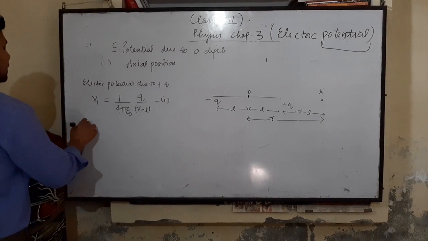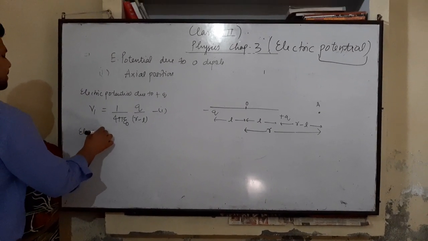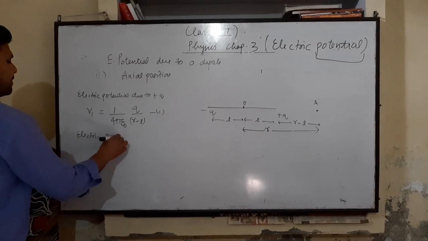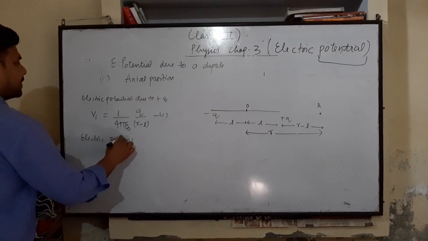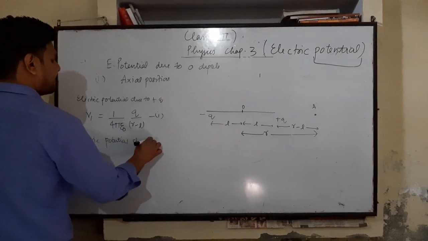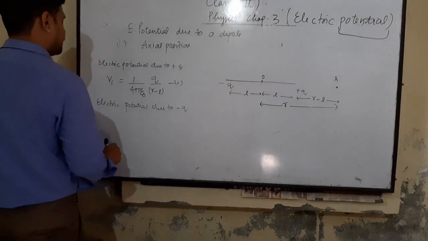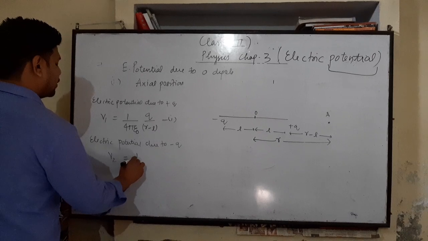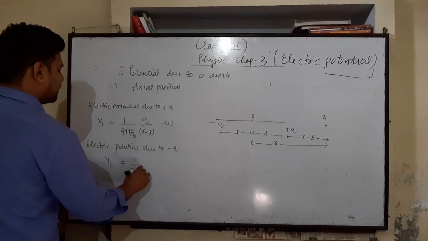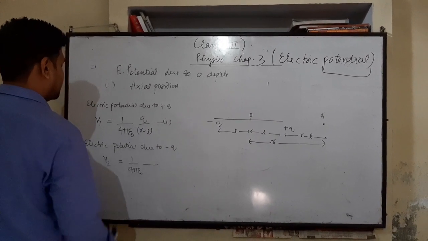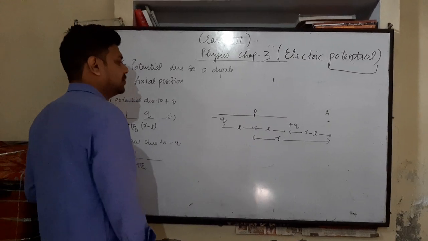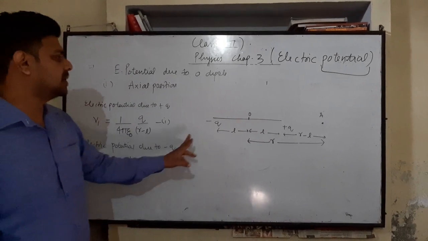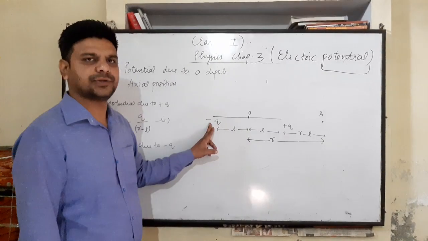Now, electric potential due to minus q, say it V2, is 1 over 4 pi epsilon naught, the charge due to which we want to calculate potential, this is minus q.